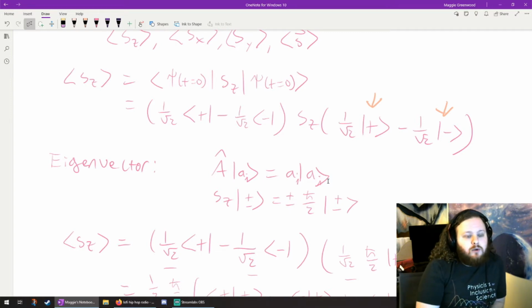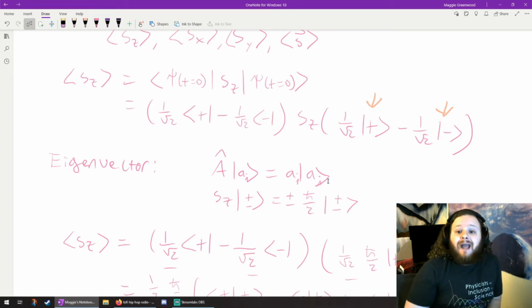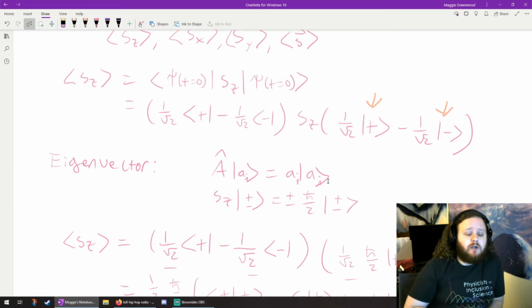So I have two options basically. I can try and write down all of these things as matrices, treating the bras as row vectors, treating the kets as column vectors, and treating the matrix as the matrix, and just do the matrix multiplication.